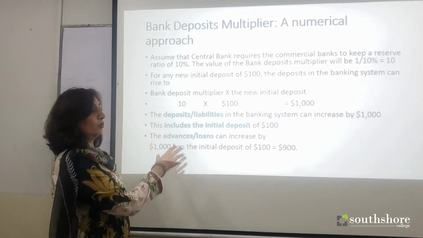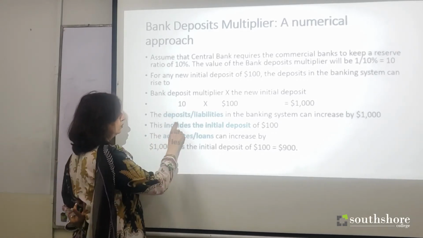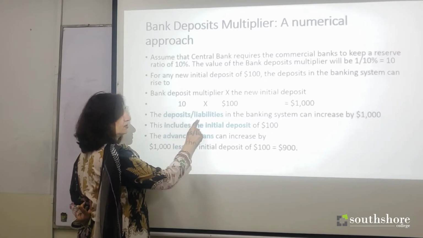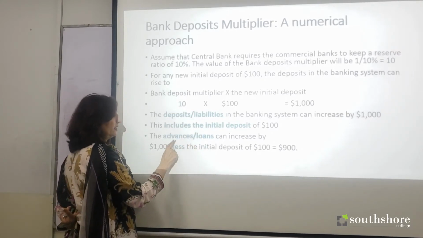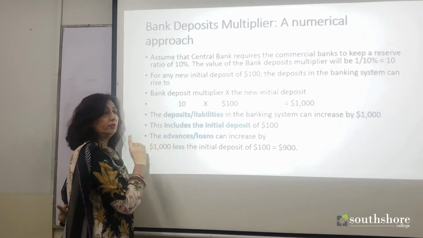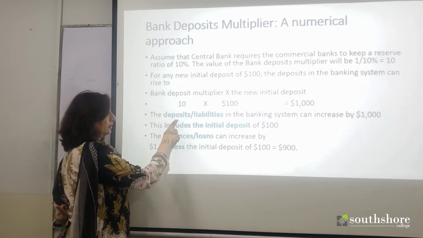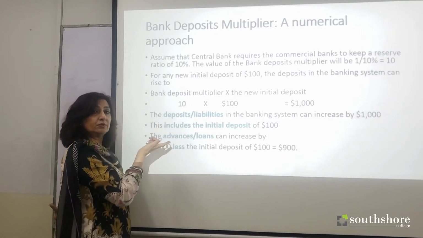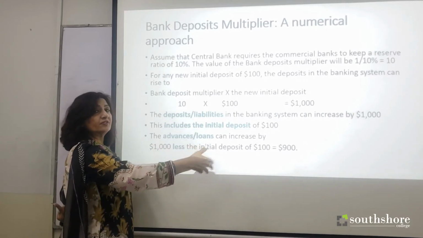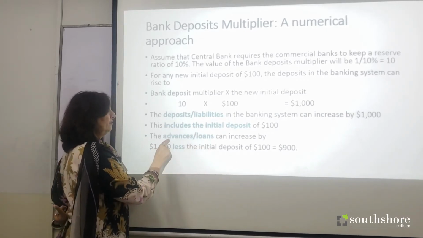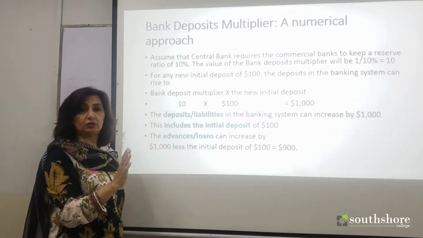Now, the important thing for you to understand is that when you get your MCQs, the examiner can ask you how much is the change in deposits or liabilities, or conversely he can ask you how much is the change in advances and loans. You have to be careful when you look at the MCQ because they mean two different things. The deposits figure includes the initial deposit that was put in. On the basis of this initial deposit, more deposits and loans were created, right? So when we do advances or loans, the initial deposit is not considered to be the advance or the loan, okay?